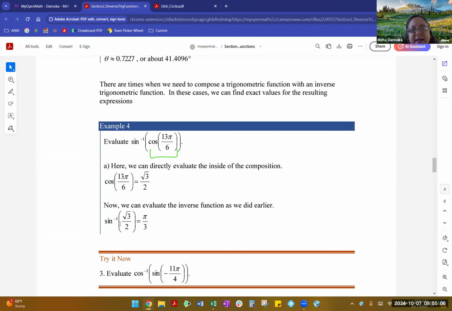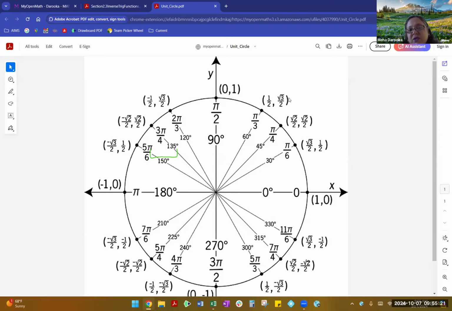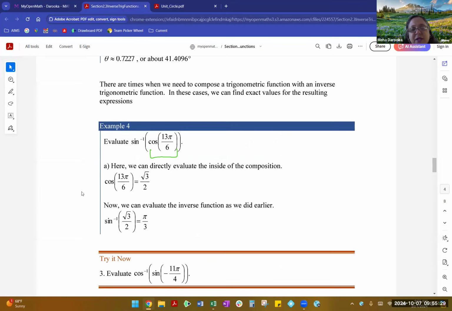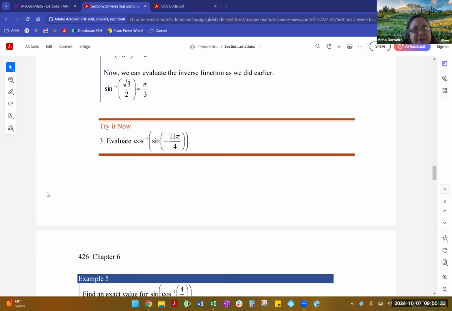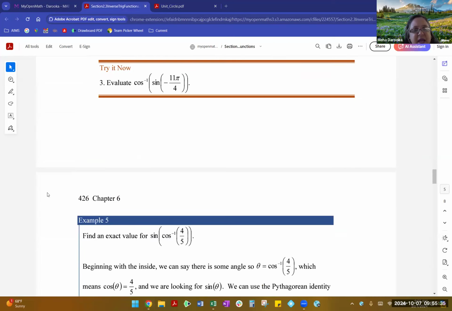Once you get that, that answer becomes the input of sine inverse. Then we figure out, for the sine inverse, what should that angle value come out to be? Again, you can go back to the unit circle and see square root of 3 over 2 for the sine function happens at the angle pi over 3. So using this idea, I believe this is where we had stopped.